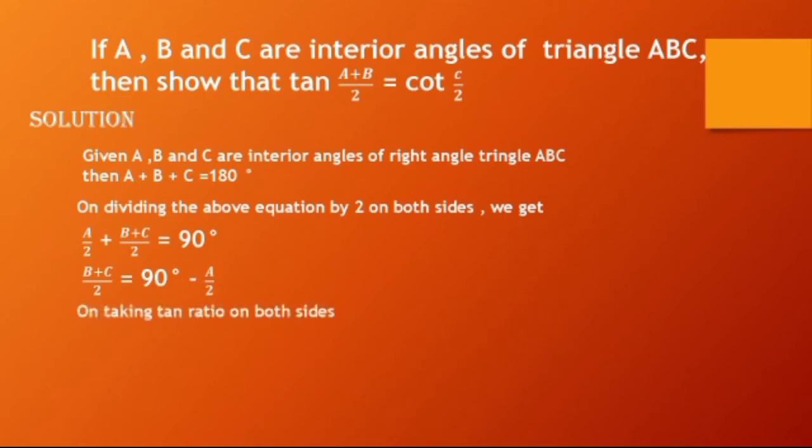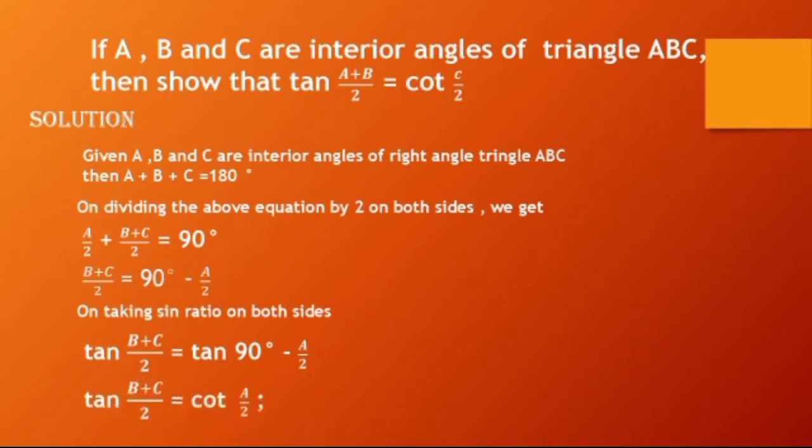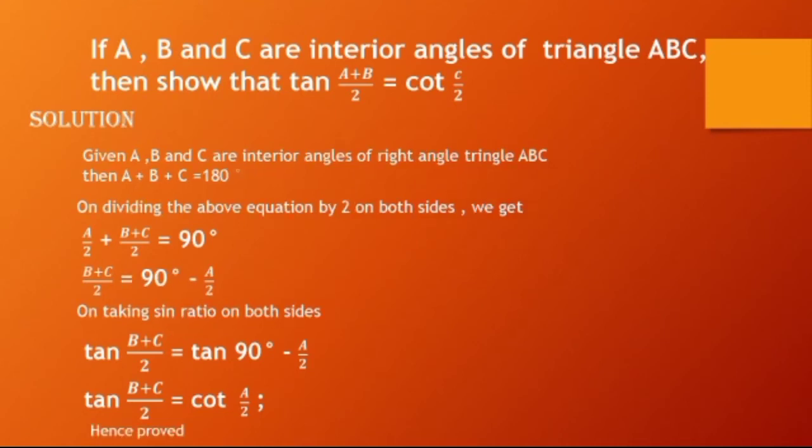On taking tan ratio on both sides, tan((B + C)/2) is equal to tan(90° − A/2). From trigonometric ratios of complementary angles, tan(90° − A/2) equal to cot(A/2). We get tan((B + C)/2) equal to cot(A/2).